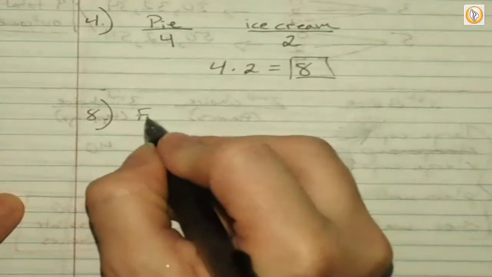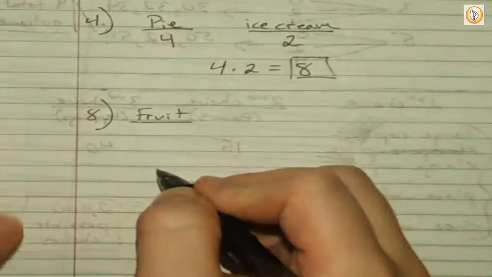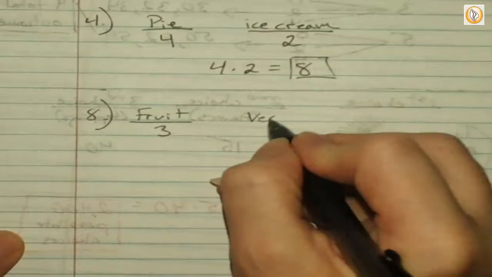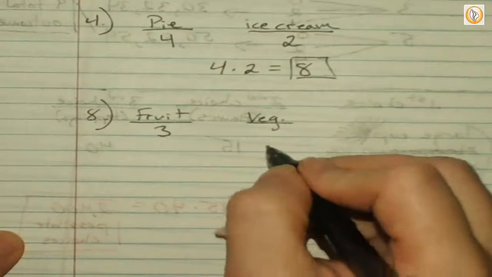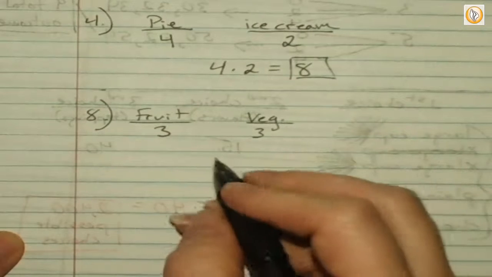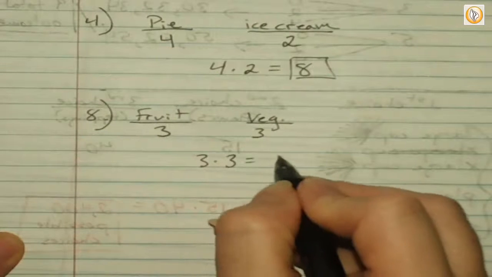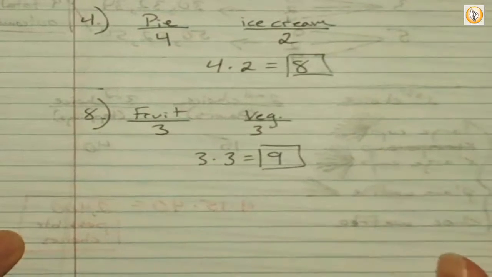So how many fruit are there? 3. And how many veggies do they give you? 3. So, Izzy, how do I solve this? And you get? So you get 9 total combinations or choices.